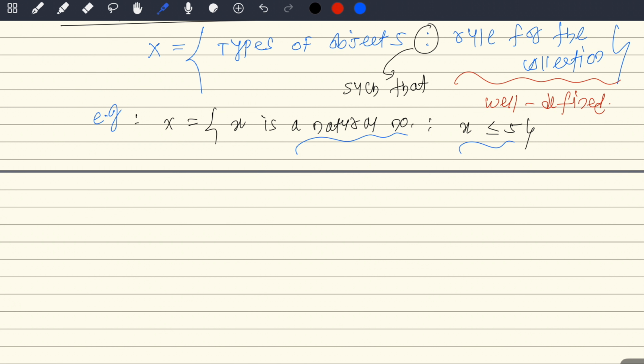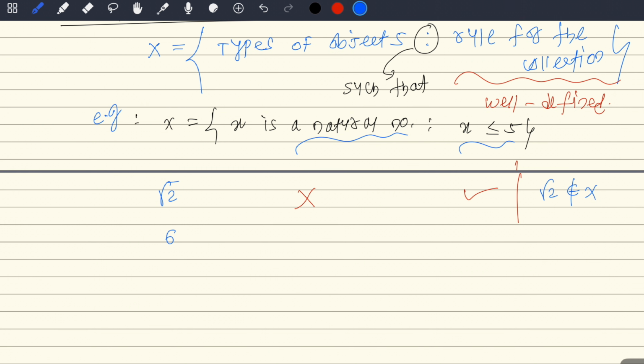For example, if I take the number root 2, is square root of 2 a natural number? No. Is square root of 2 less than 5? Yes. But it is not satisfying both conditions, right? Since it does not satisfy both, is square root of 2 an element of set X? No. That means square root of 2 does not belong to capital X.